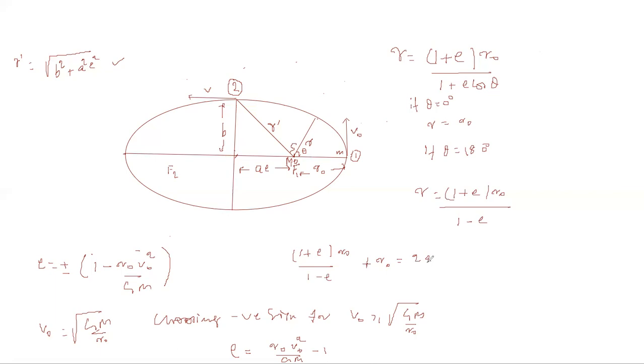From this, we can easily show that 1 by A is equal to (1 minus E) over R naught. Just simple algebra. We'll take R naught common, take the LCM and simplify, and this will be this one. It's quite trivial to show this one.